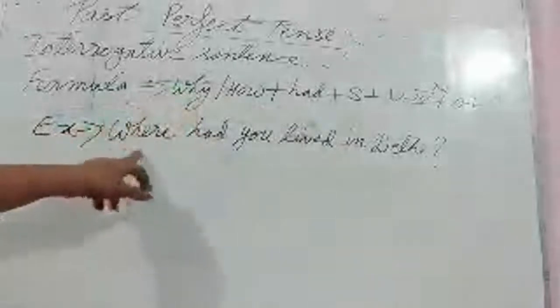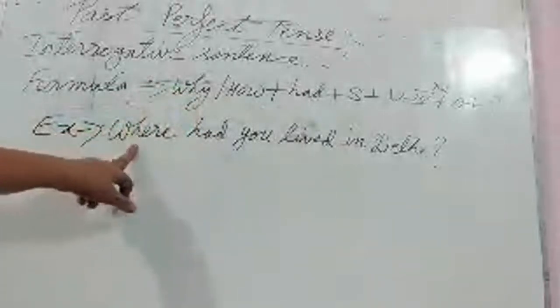The sentence is, where had you lived in Delhi? WH is the wh family, so here you can use why, where, how. So where had you lived in Delhi?